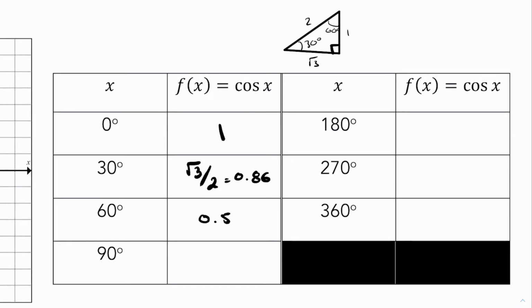Cos of 90 is going to be 0. Cos of 180, what is that going to be? Will be -1.